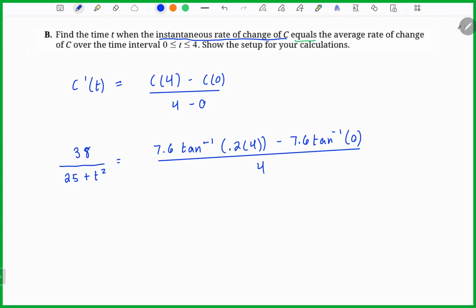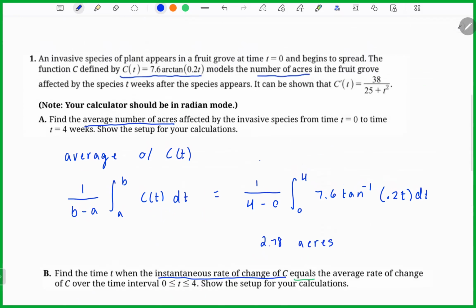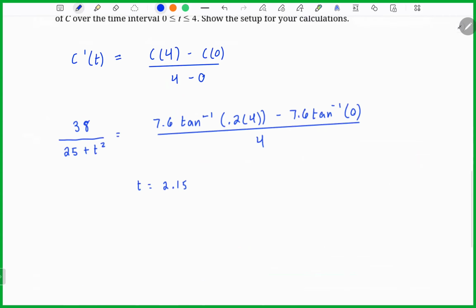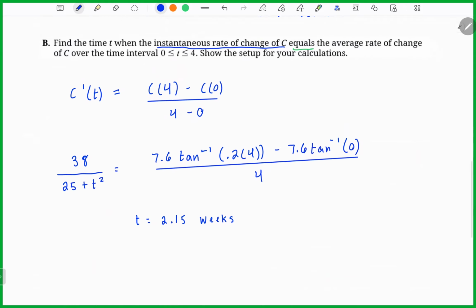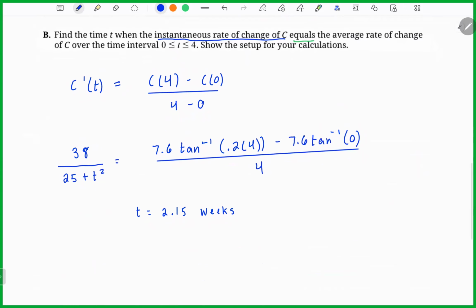With that, we can state that our time at which the rates are equal would be t equals 2.15, in this case the unit would be weeks, 2.15 weeks. And if we were asked to find the rate, we would say 1.28 acres per week. But at this point, we're not being asked that.